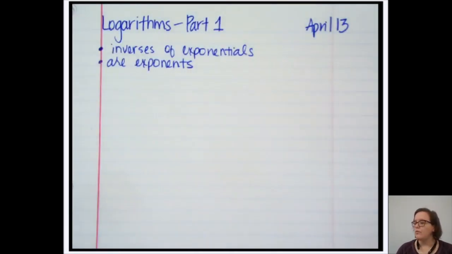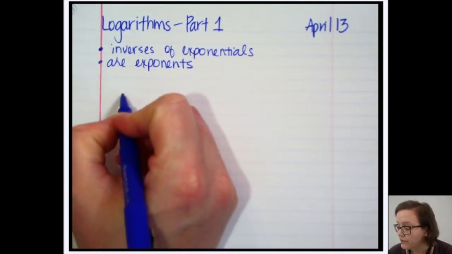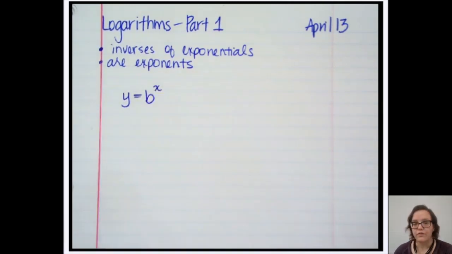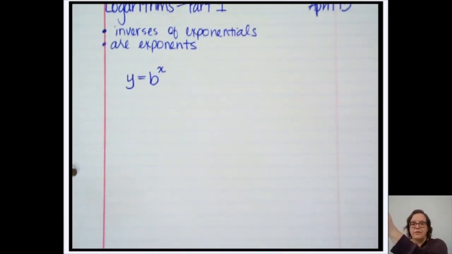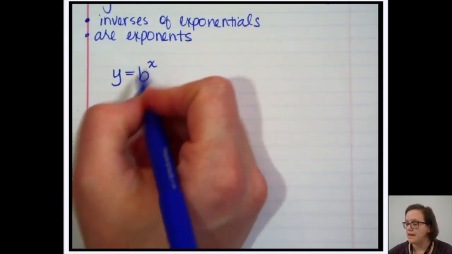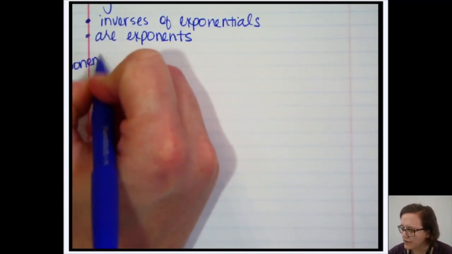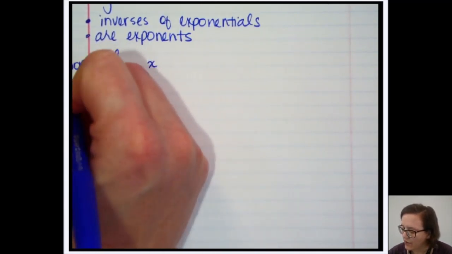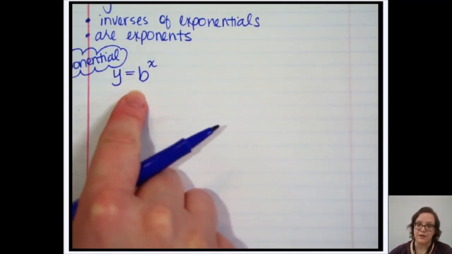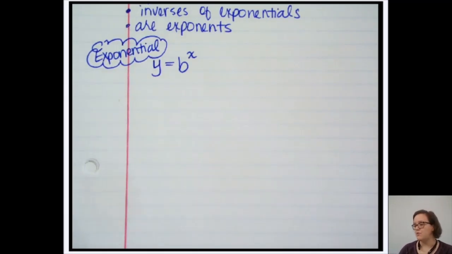Now, what we want to look at is the different forms. This form is our exponential: y equals b to the x. That's what we looked at for a day or two last week. We said that this b had to be a bigger number than 1, or it had to be between 0 and 1.